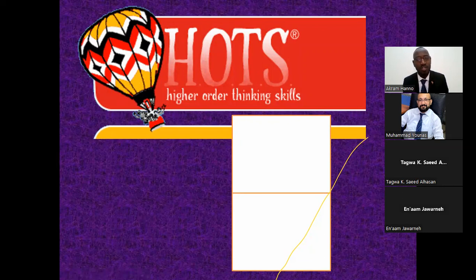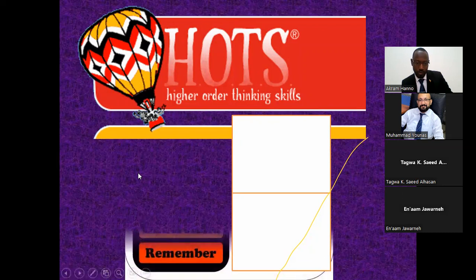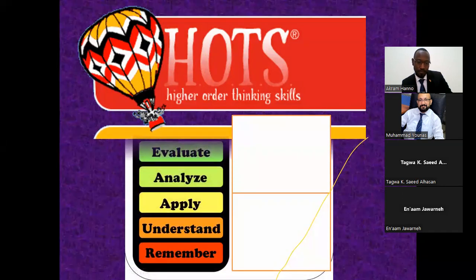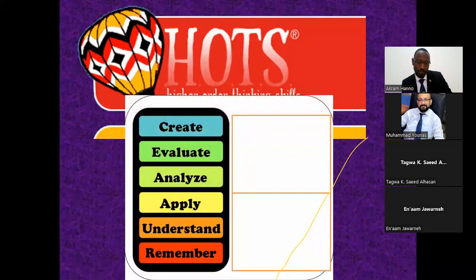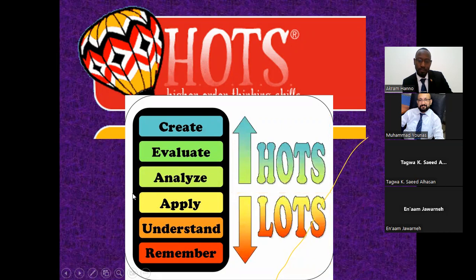Let's shift to the so-called HOTS, high order thinking skills. What are they? We have create, evaluate, and analyze. And then we have apply, understand, and remember. So we have HOTS and LOTS.